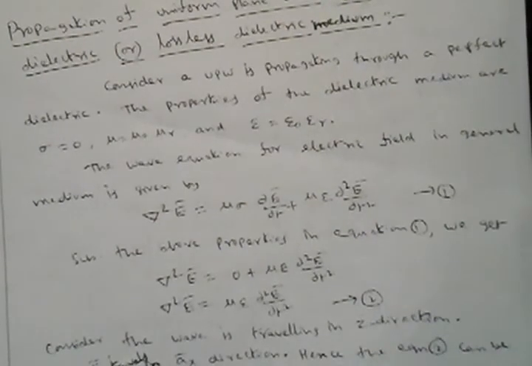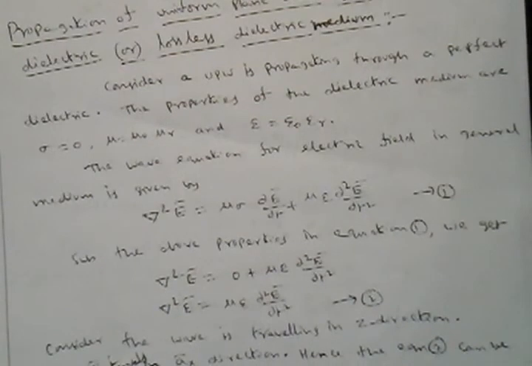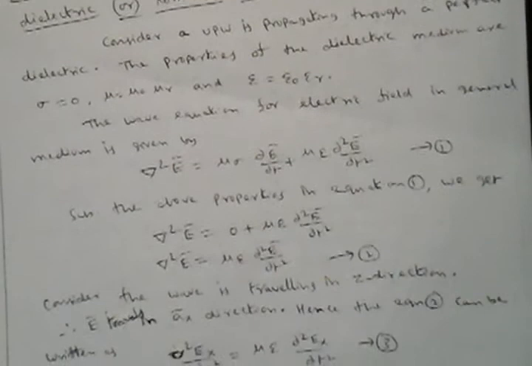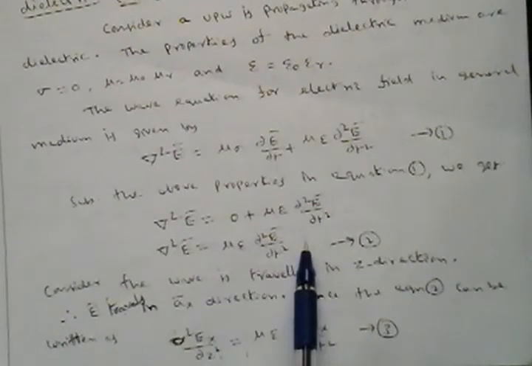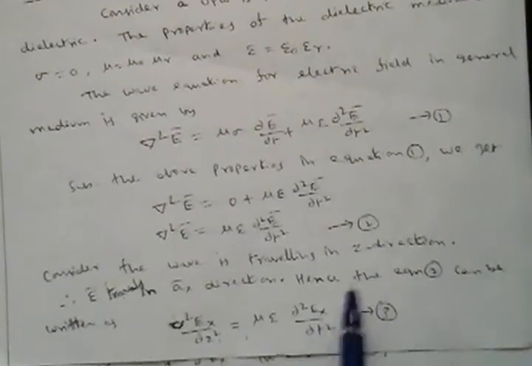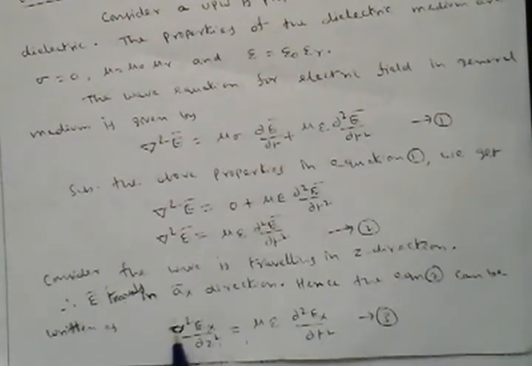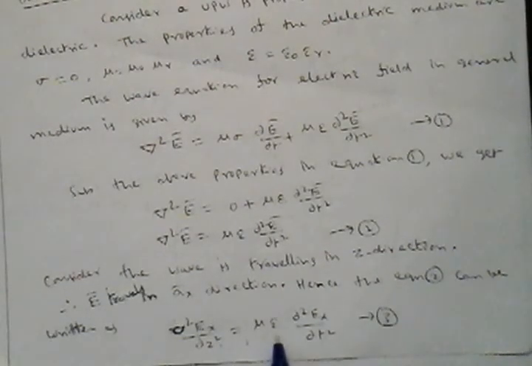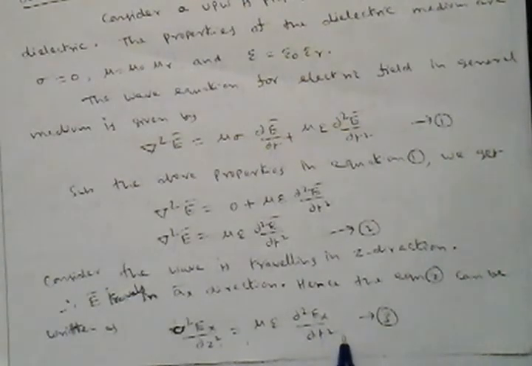Then E bar is in the x direction only, and hence the equation is dou square Ex by dou z square equal to mu epsilon dou square Ex by dou t square. This is the equation, and in this case the wave is traveling in the z direction.